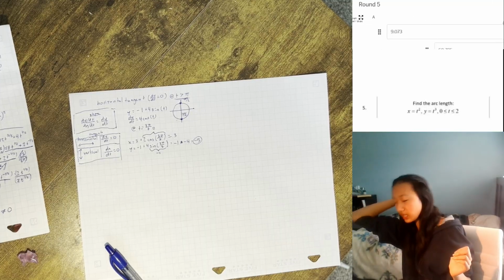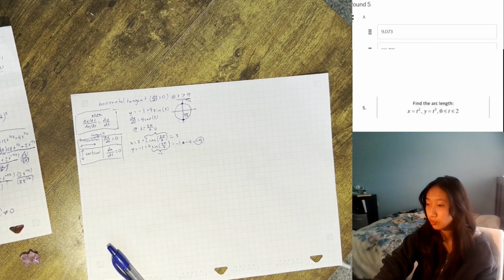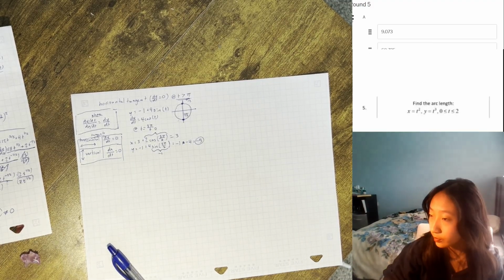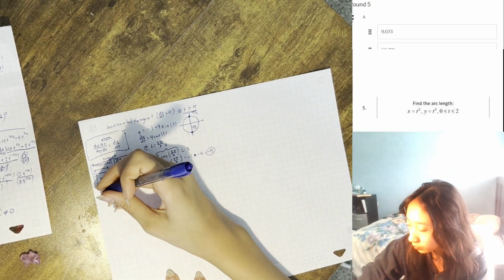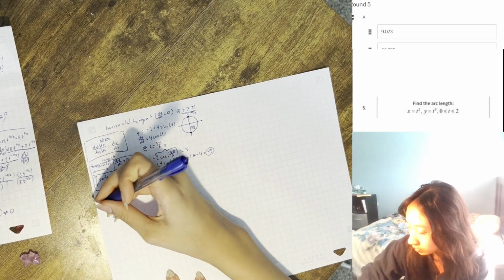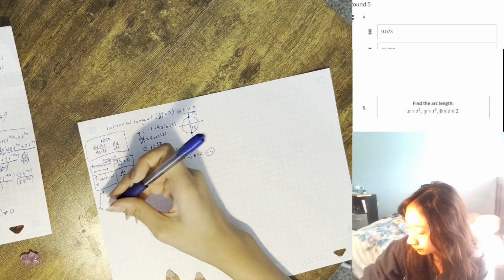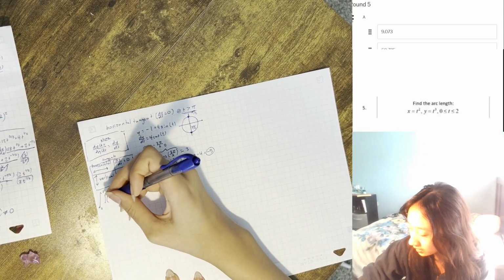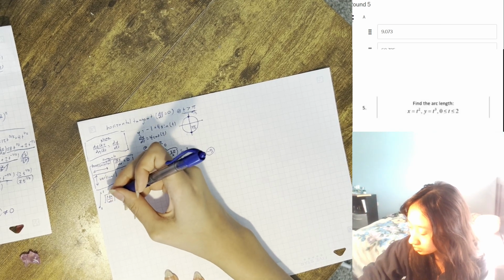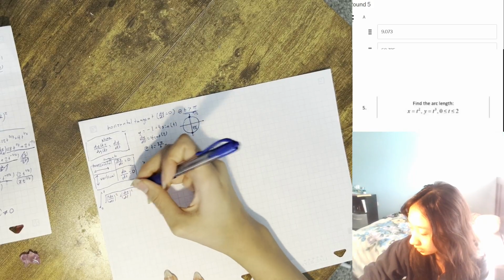Okay. This arc length is kind of annoying. You've kind of just got to memorize the equation, but at the same time, I think the equation is actually pretty intuitive, right? The equation here is we're going to take the integral from 0 to t of the square root of dx over dt squared plus dy over dt squared.